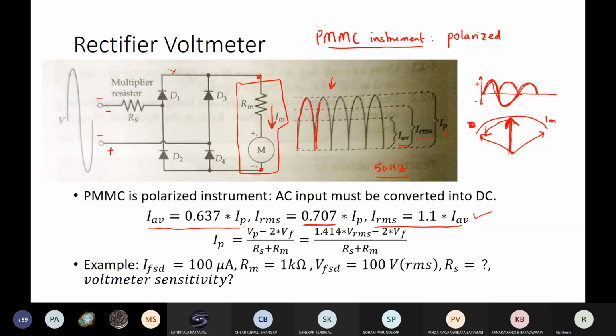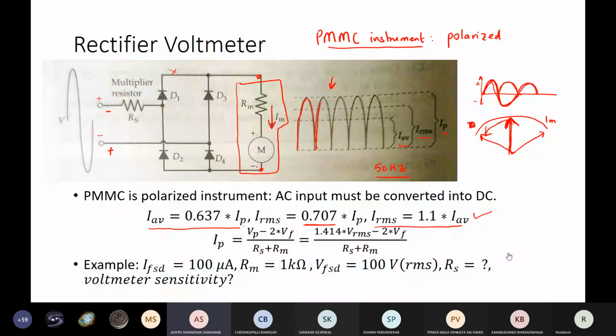Power consumed means it is nothing but a DC equivalent.